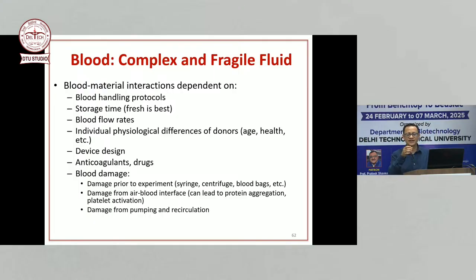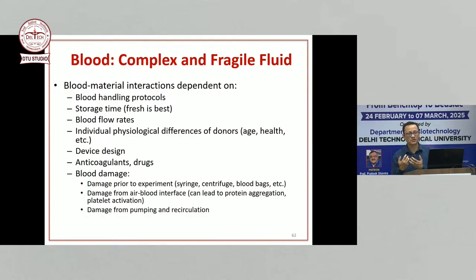You can work in a 96 well plate or a small well plate, or you can have an external circuit flowing blood with your device inside that circuit, which more closely mimics the human body. Donors: we are not working with human blood, but if somebody is, then the age of the patient matters.